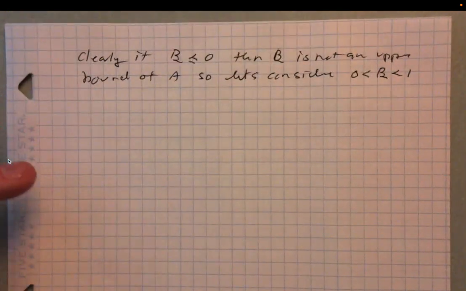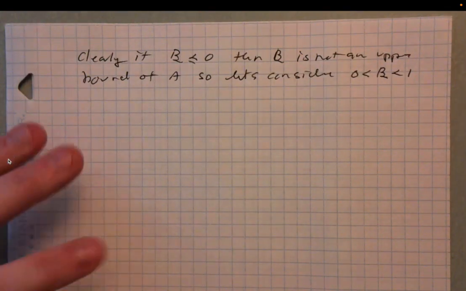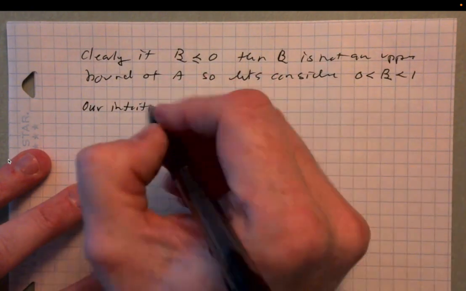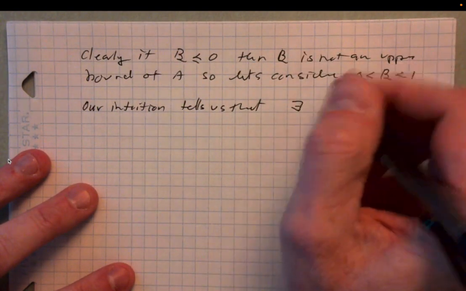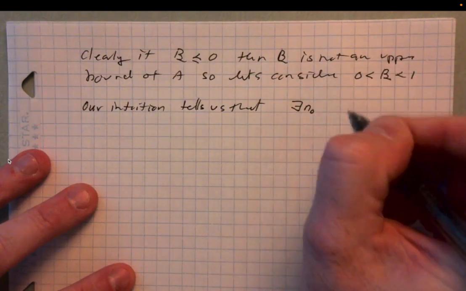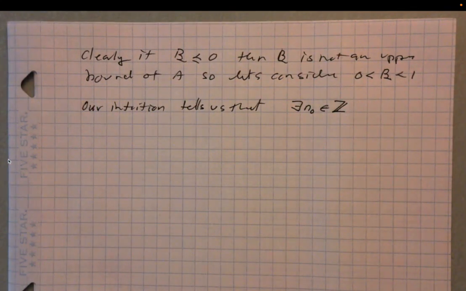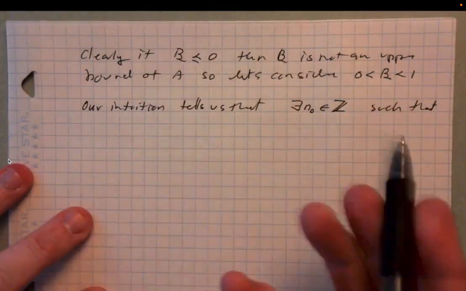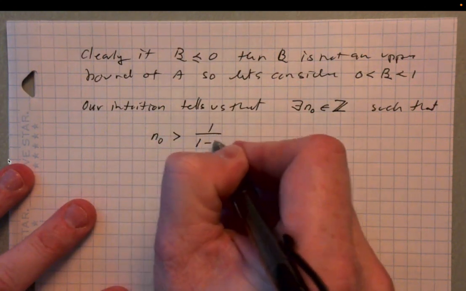Now, intuitively, our intuition should tell us that there's going to exist some integer, and we'll denote it n naught, n sub 0, such that n naught is greater than 1 over 1 minus beta.